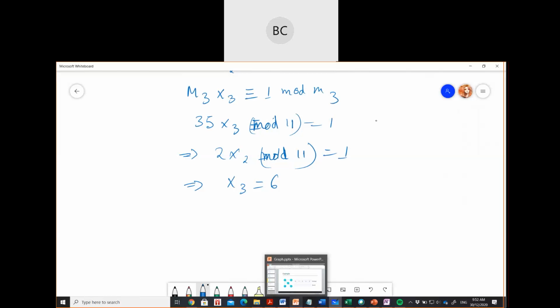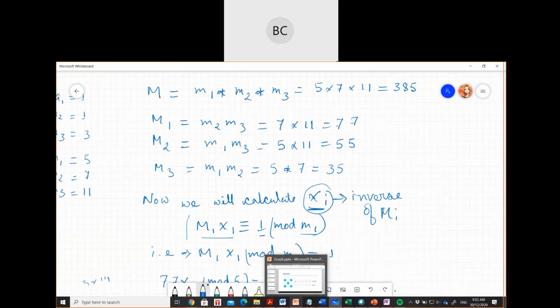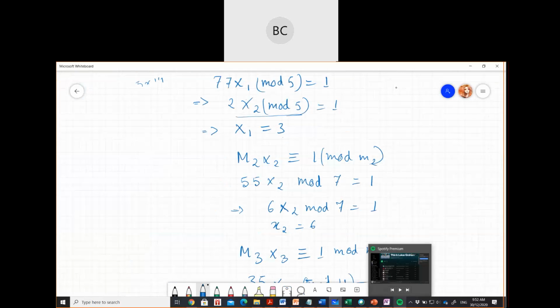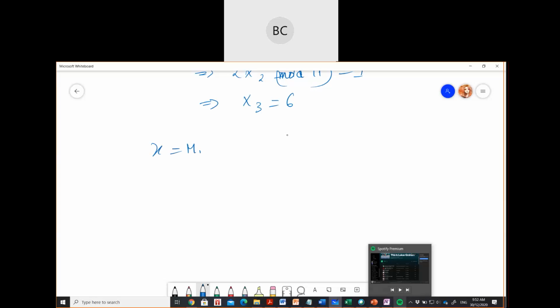So finally, the main equation is what? Summation of all divided by m, right? So your final x is M1 x1 a1 plus M2 x2 a2 plus M3 x3 a3, mod M. Okay, now you just put the values.